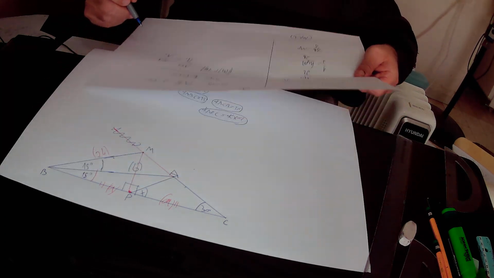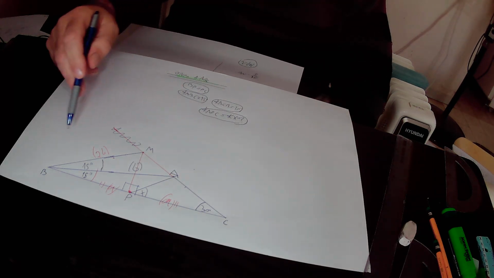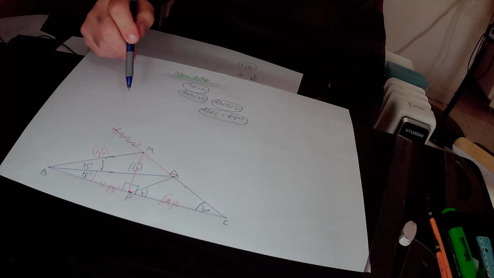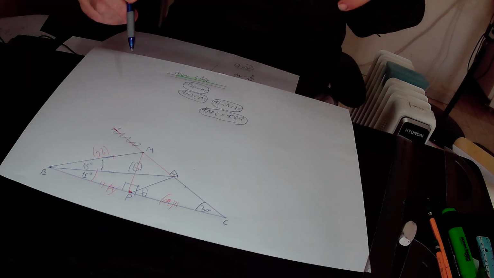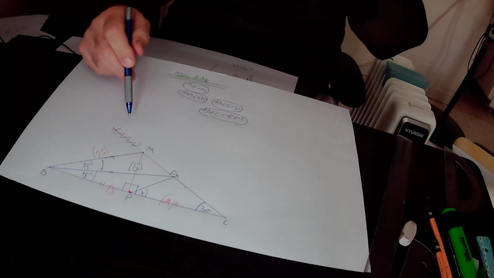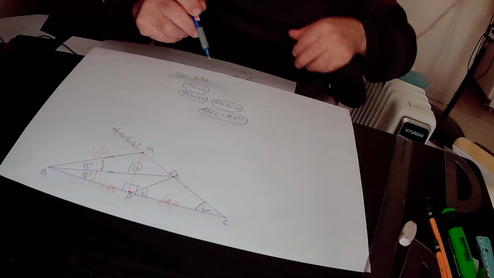Once again, because AB is the angle bisector of angle MBC in the big triangle MBC, MB over BC equals MA over AC.